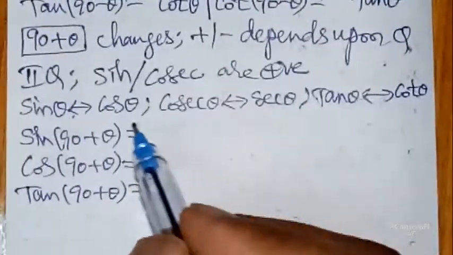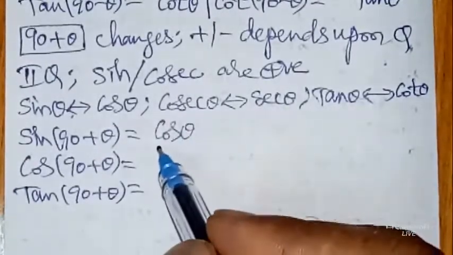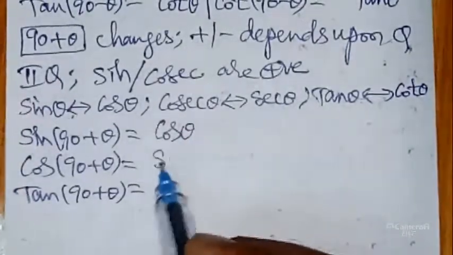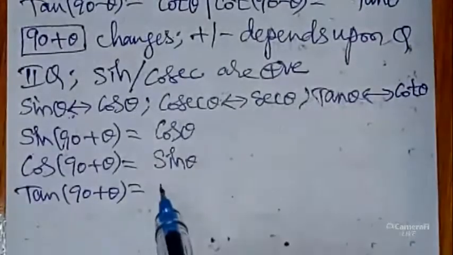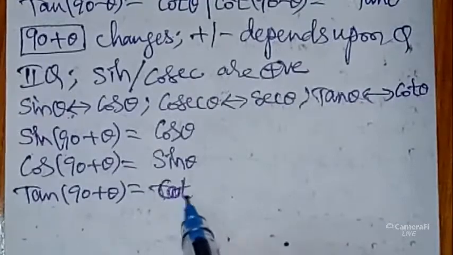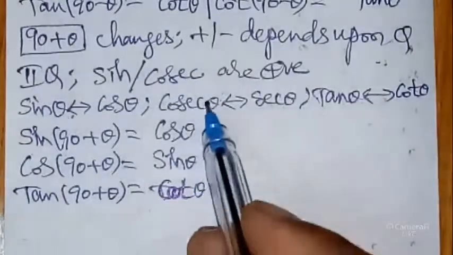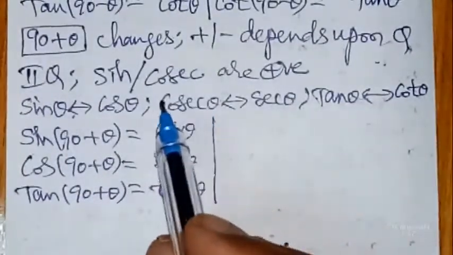So first of all, sin is changing to cos. In standing position, sin is changing to cos, cos is changing to sin, tan is changing to cot. After writing these parts, you can verify plus or minus, which depends upon their quadrants.